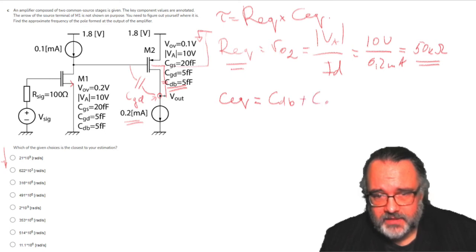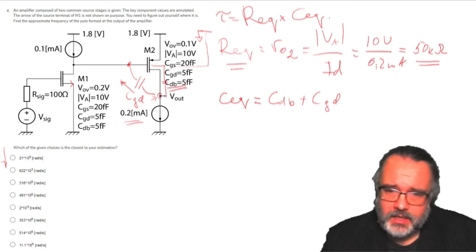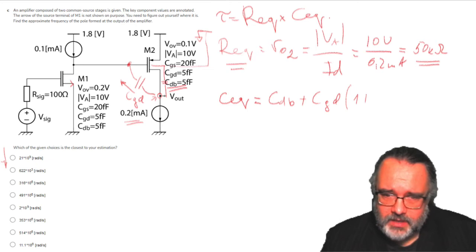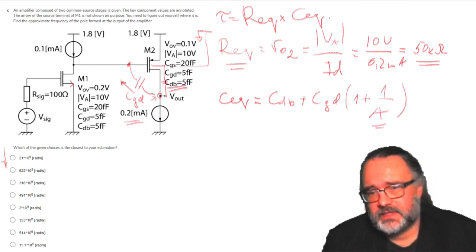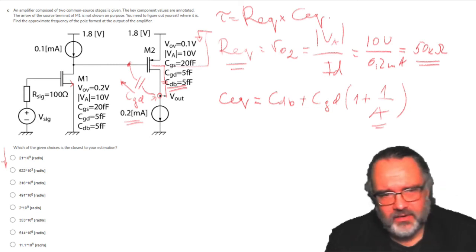And now we have the gate drain capacitance. Now this node is like a reverse Miller. So we'll have to take into account that it is 1 plus 1 over A, where A is the gain of this stage. Usually this is a big number, so it would be something like a high number.